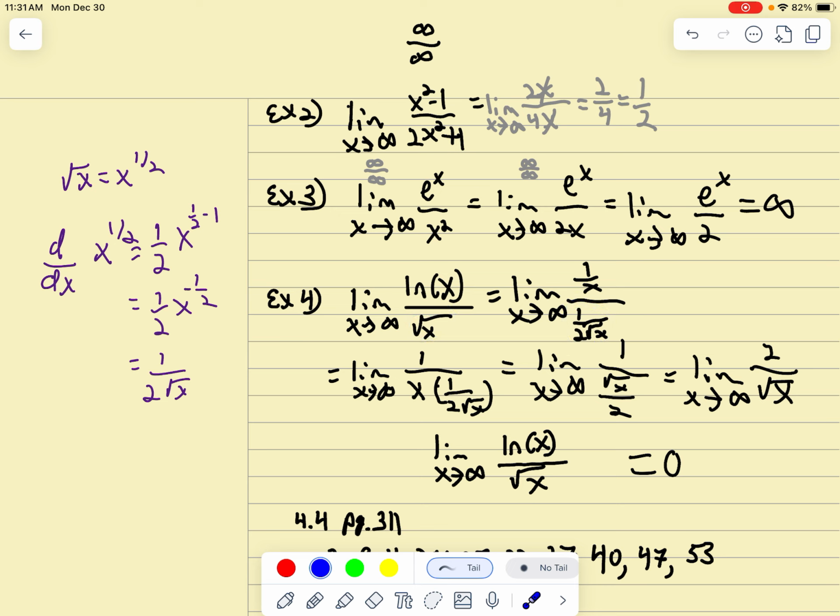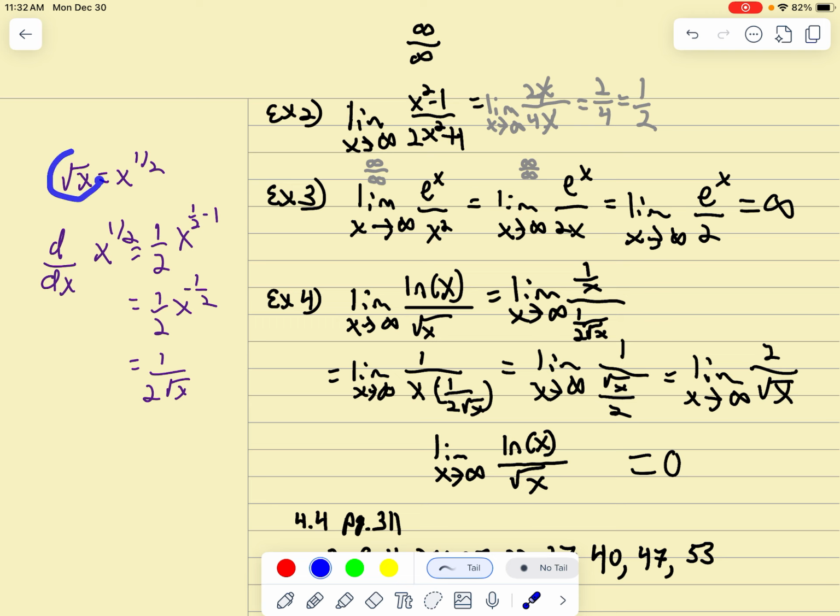Now, if you're wondering how I got this so quick, you have to have this memorized, really. You have to know the derivative of the square root of x is 1 over 2 square root of x, because square roots show up all the time when we're dealing with this stuff, especially at this level. So just to remind you how I got this, it's a simple power rule.